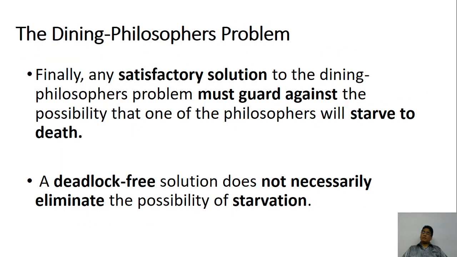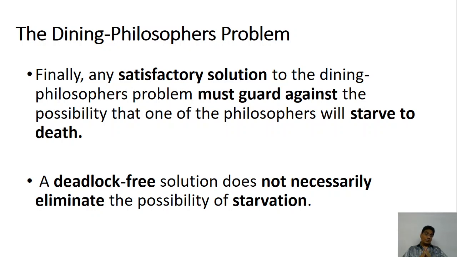Even though all the solutions may be satisfactory, they are not free from problems. What I mean to say is, even though they prevent you from the deadlock, they don't prevent you from starvation.